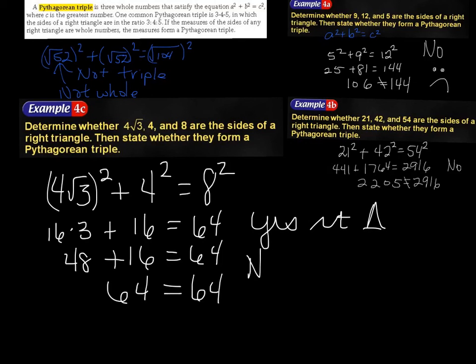So, yes, it is a right triangle, but no, it is not a Pythagorean triple, because they said a Pythagorean triple had to be whole numbers. So 4 squared of 3 is not a whole number. So even though the sides will form a right triangle, it doesn't meet the magic criteria of being a Pythagorean triple.